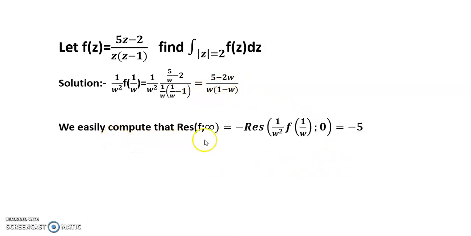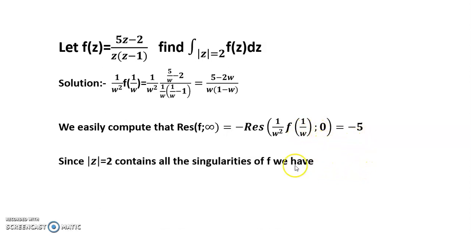We easily compute that the residue of f comma infinity is equal to minus the residue of 1 by w squared f of 1 by w comma 0, which equals minus 5. Since mod z equals 2 contains all the singularities of f, we have the integral over mod z equals 2 of f(z) dz equals minus 2 pi i times the residue of f comma infinity.